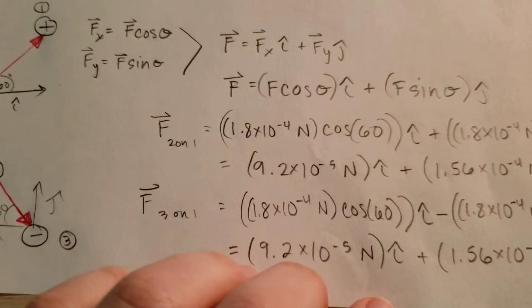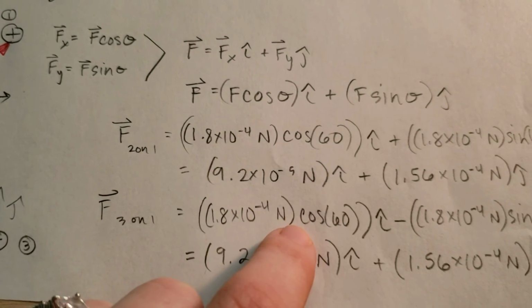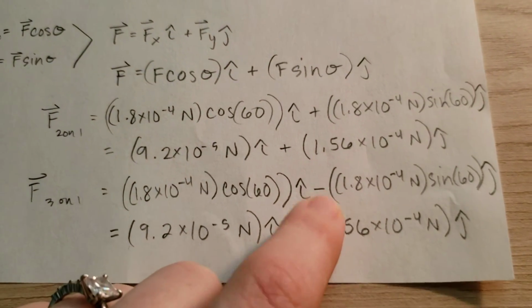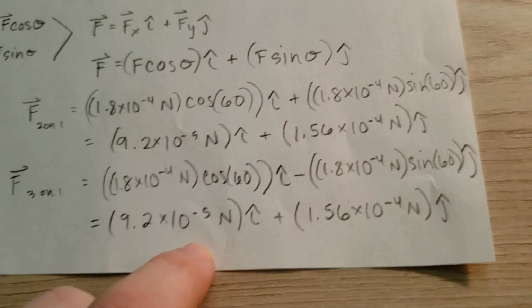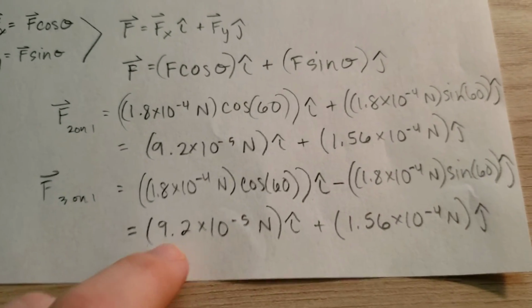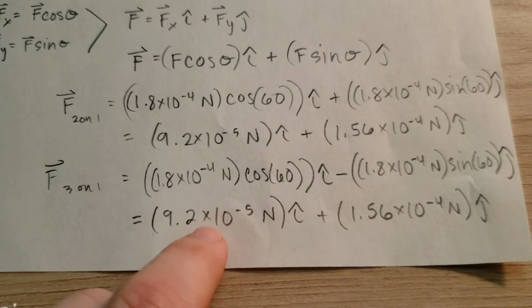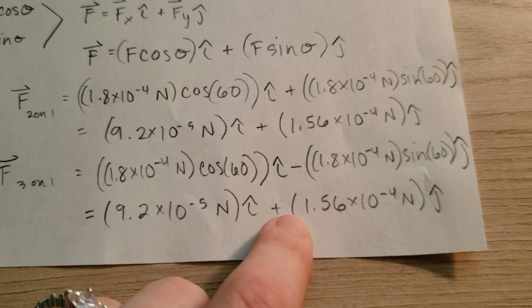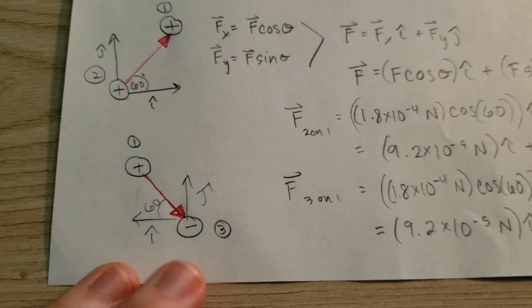So for force 3 on 1, same thing, we take that force times the cosine of 60 in the i hat direction, and minus the j hat direction, and we get 9.2 times 10 to the negative 5 i hat minus 1.56 times 10 to the negative 4 in the j hat direction.